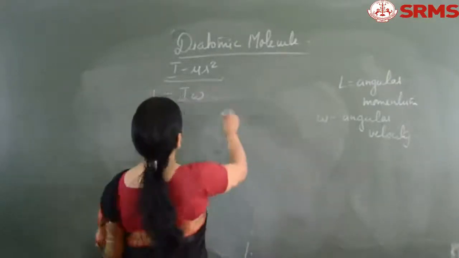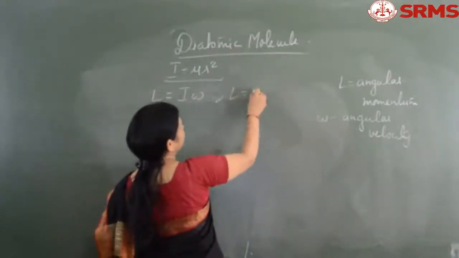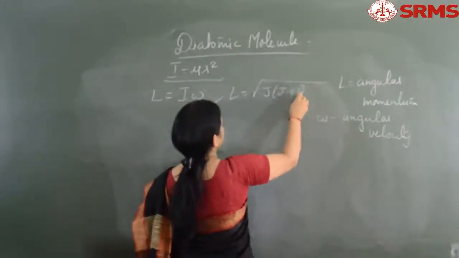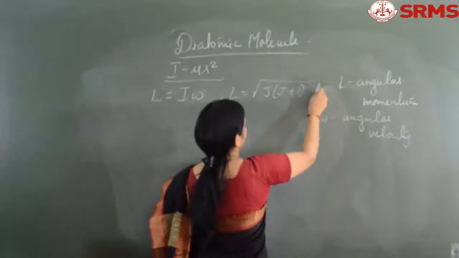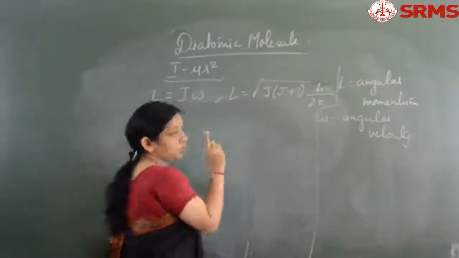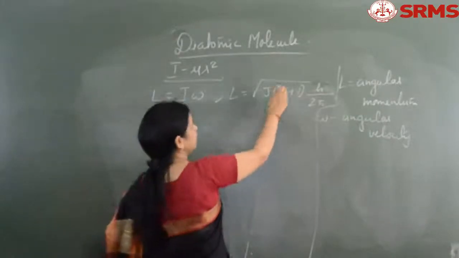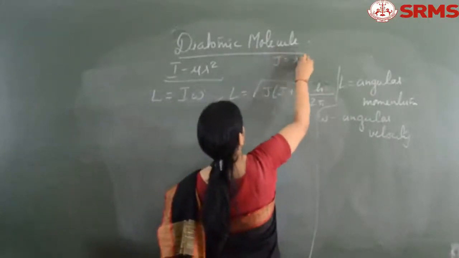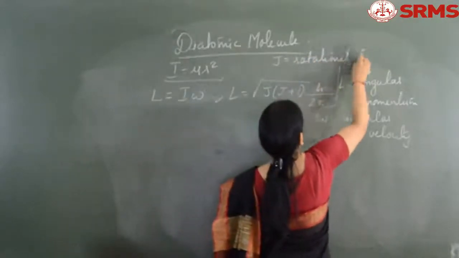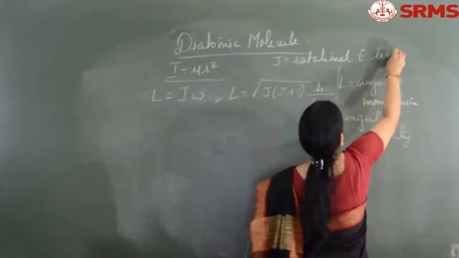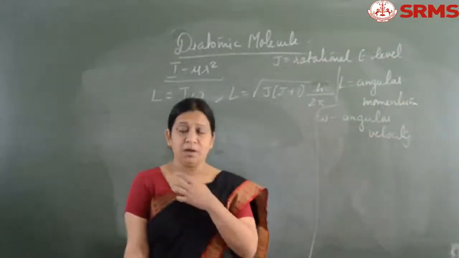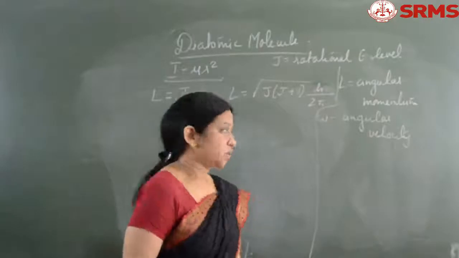So L can also be written in terms of the rotational energy levels J and h over 2 pi. So these are the two equations by which we can represent angular momentum.